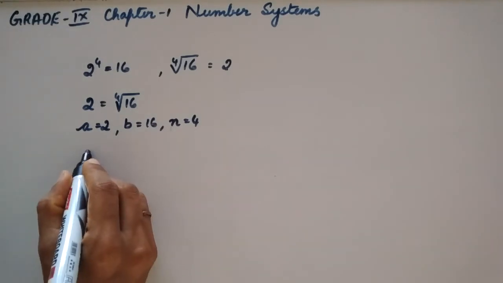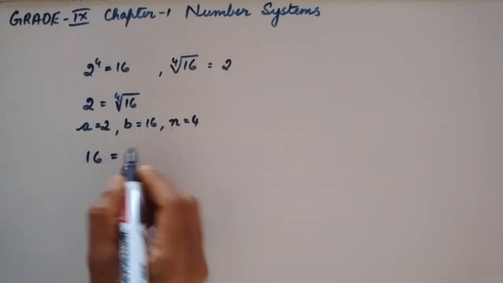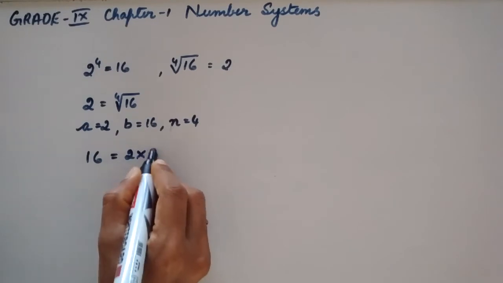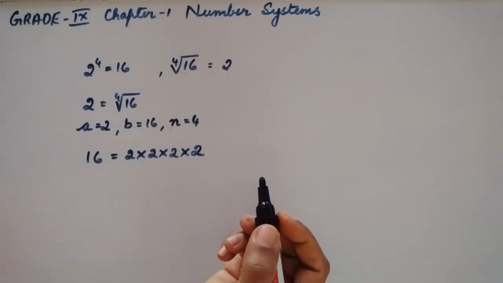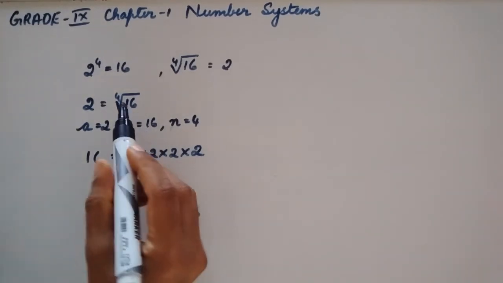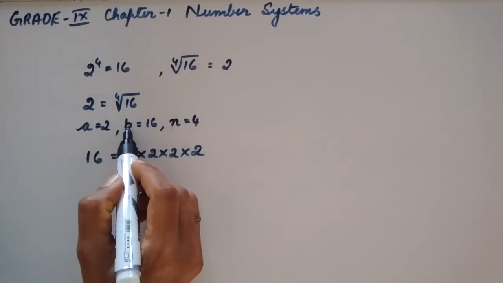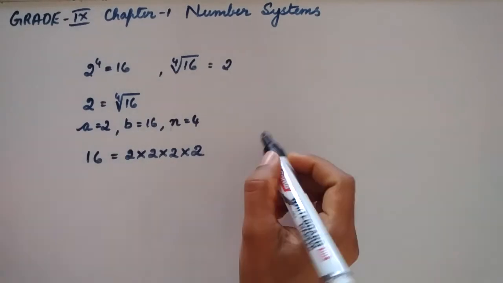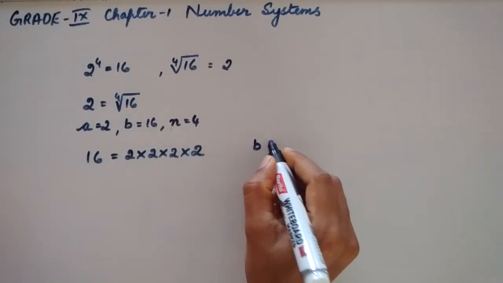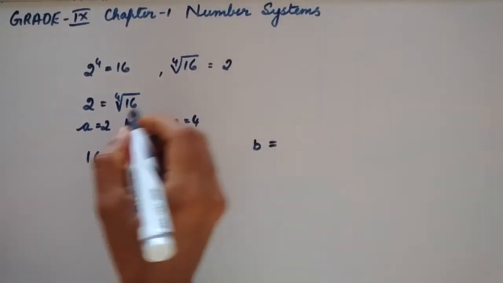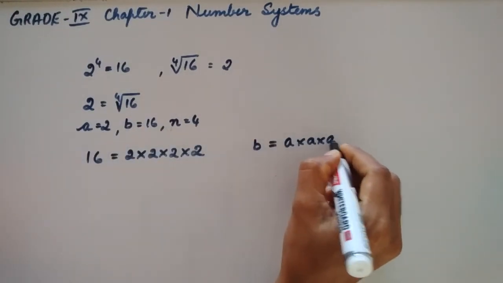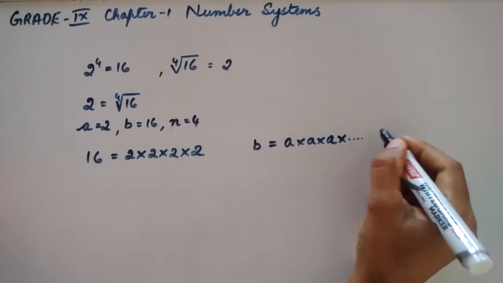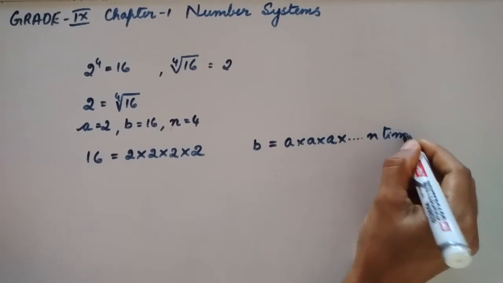So here 16 is equal to 2 into 2 into 2 into 2. That is, 16 is B, isn't it? 16 is B. So let us first write B is equal to, what is it? A into A into A, and so on, n times.